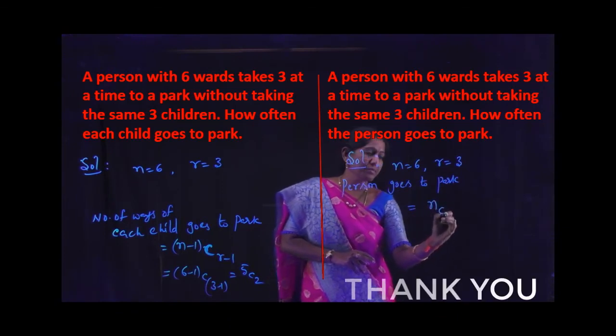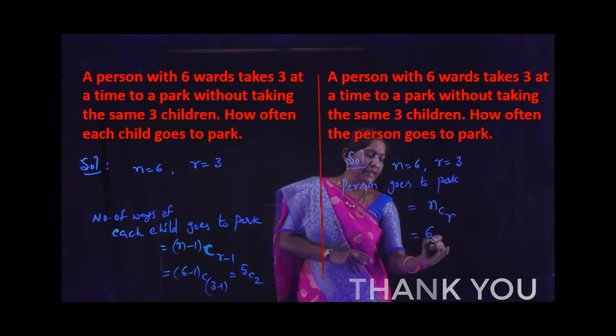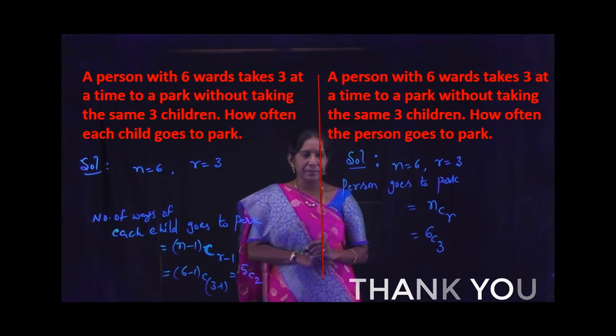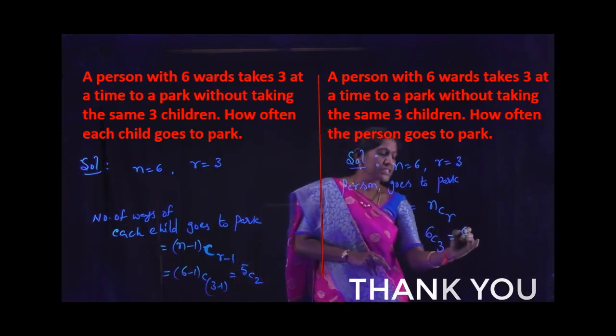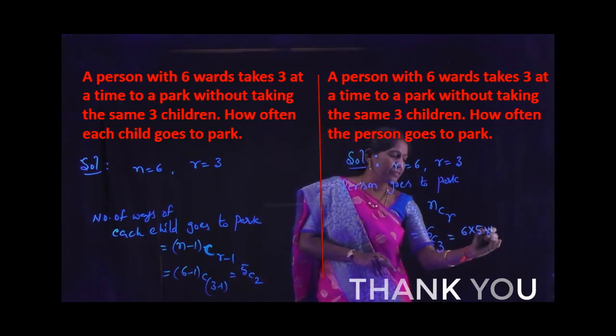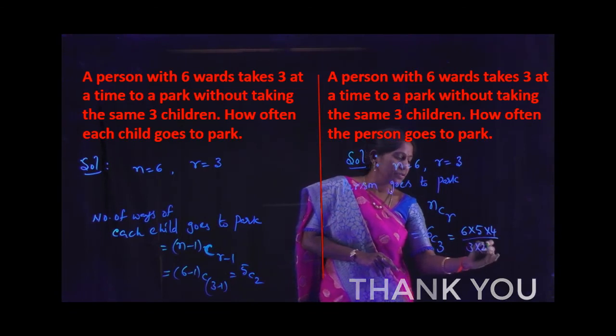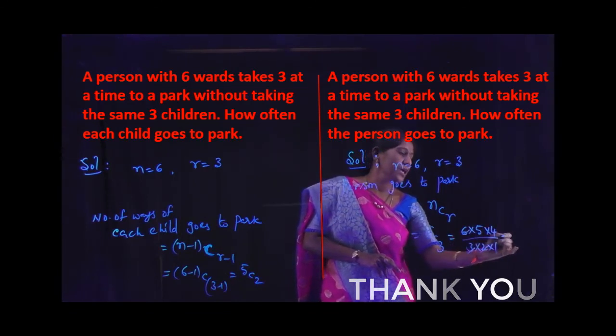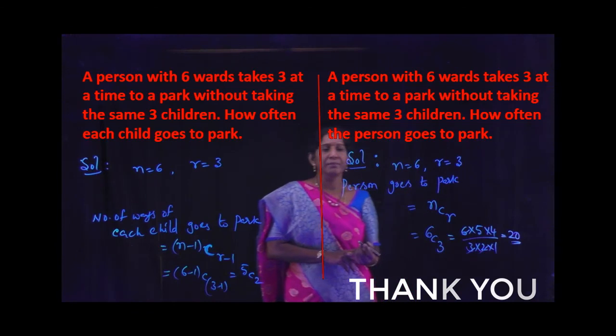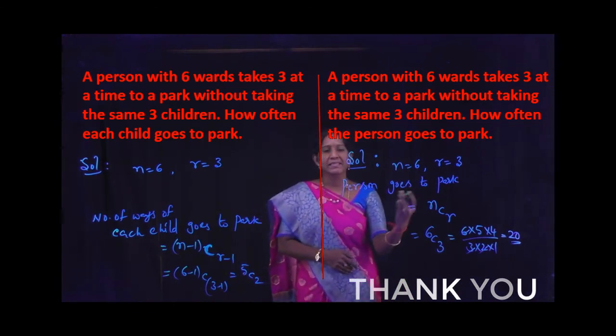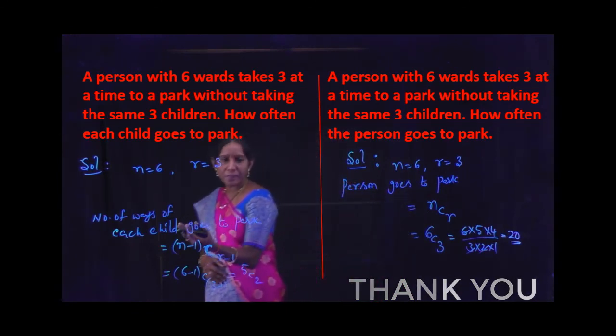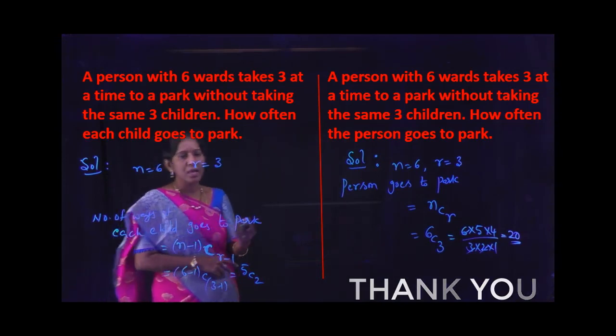To find the value of 6C3: 6 into 5 into 4 by 3 into 2 into 1, by cancellation the value is 20. So the person goes to the park nCr ways, and each child goes to the park n minus 1 C r minus 1 ways.